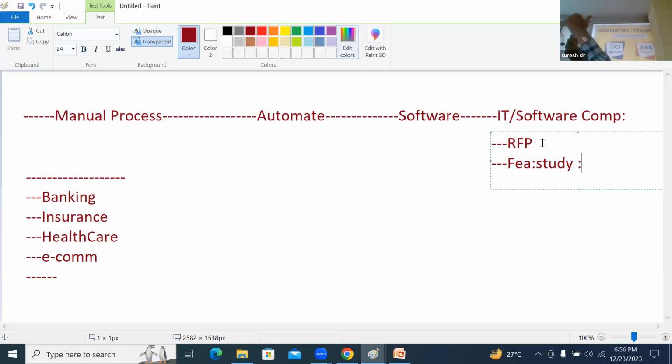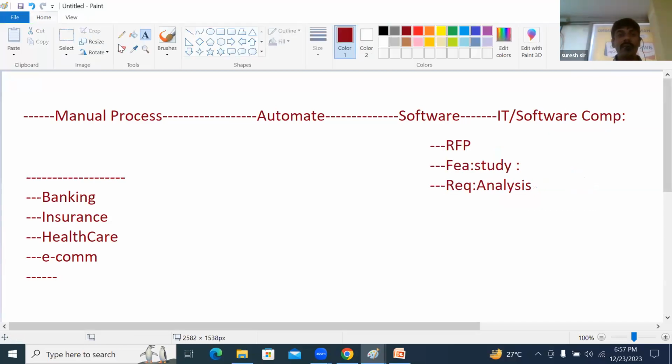First, they come up with the possibilities. Once they confirm that those possibilities are there, based on that they need to take care about requirement analysis, because they decided these are the possibilities. Based on that, they have to analyze those particular requirements.